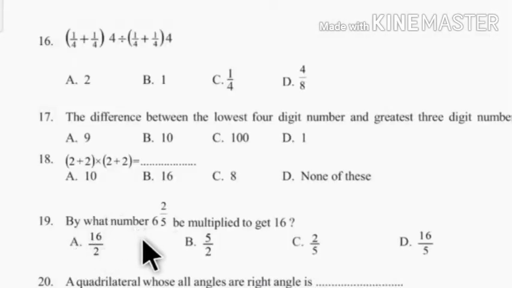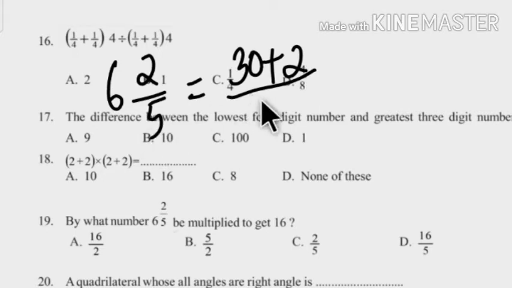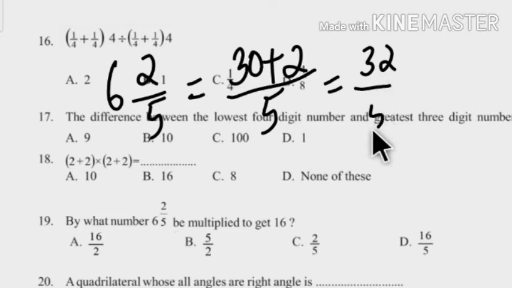Fourth question: by what number should 6 2/5 be multiplied to get 16? 6 2/5 is a mixed fraction. We can convert this mixed fraction into a normal fraction: denominator 5 times this whole number 6 is 30, plus this numerator 2, over the denominator, that is 32 by 5.